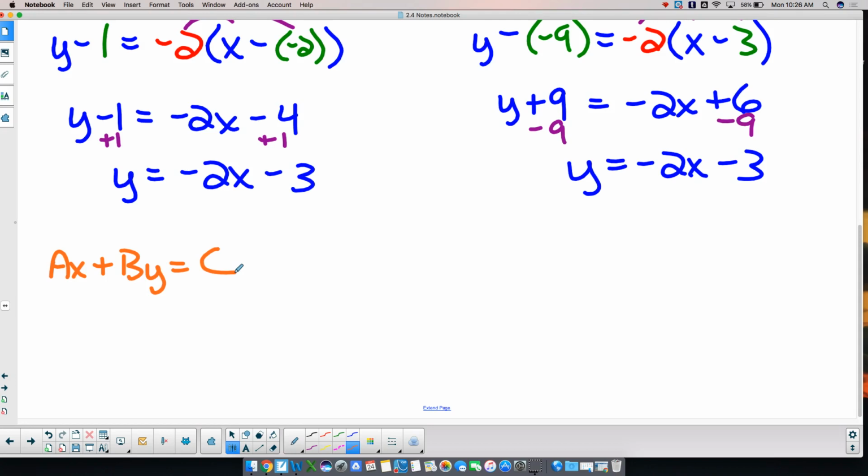So I would have to add 2x to both sides. And then I ask myself, are there any fractions or decimals? Answer is no. Second thing I need to ask myself is the coefficient on x, the a value, is that positive? And the answer is yes, so then I am done.